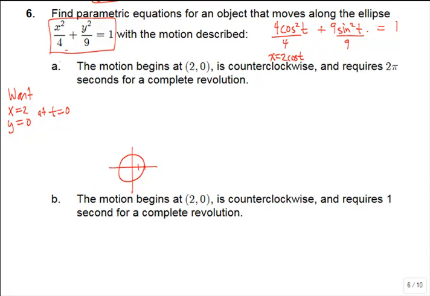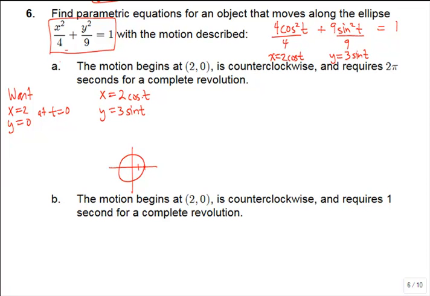We want that to still be true. But if I choose to set up my equation so it looks kind of like this, then I could let my y be the square root of this numerator. In other words, y could be 3 sine t. So let's try letting x be 2 cosine t and y being 3 sine t.